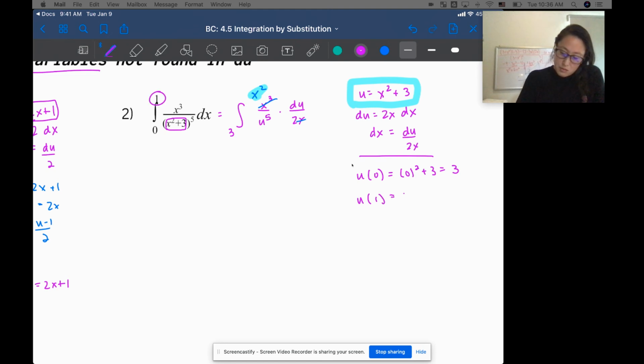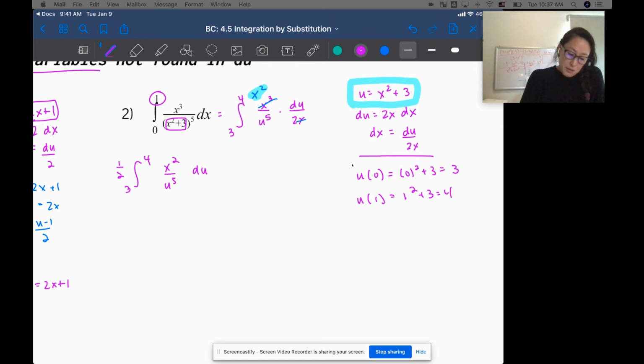So u of 1 is equal to 1 squared plus 3, which is 4. Okay, so now we're going to integrate from 3 to 4 instead of 0 to 1. All right, so I have the integral from 3 to 4 of x squared over u to the 5th du over 2. So I'll bring out the 1/2 to the front.